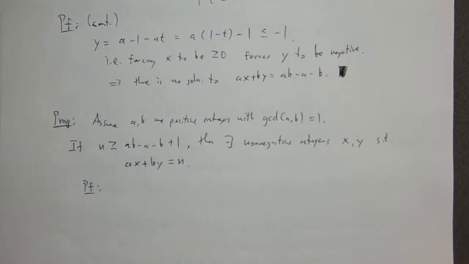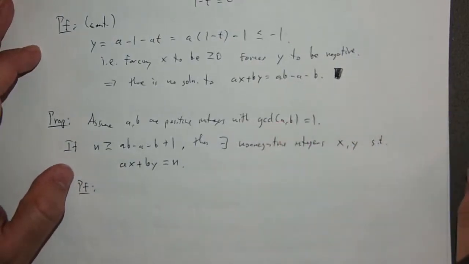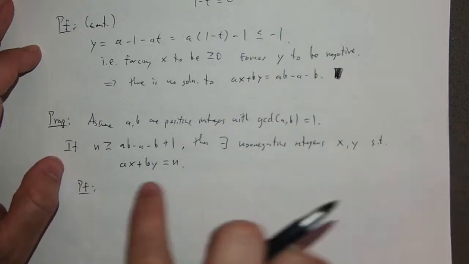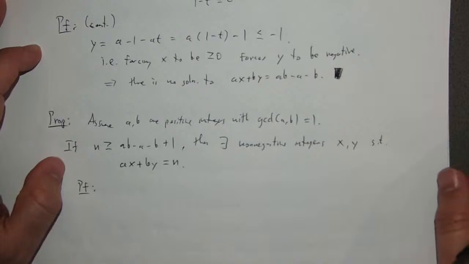So what's a proof of this? Well, again, if you are looking at our theorem 3.1, what's the idea here? So the idea is that if GCD of A and B is 1, then finding an integer solution to this is no problem at all.